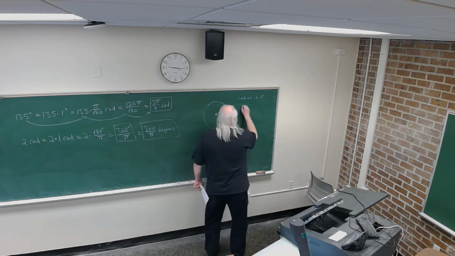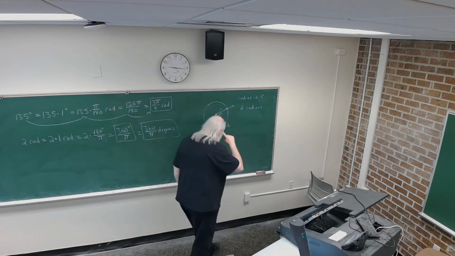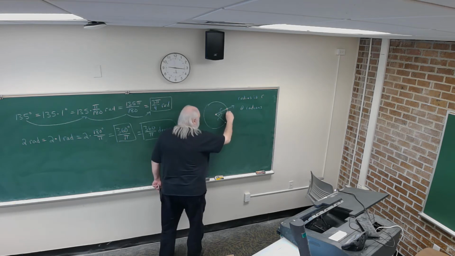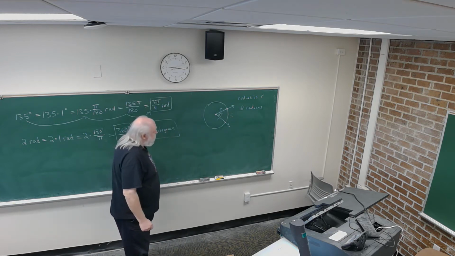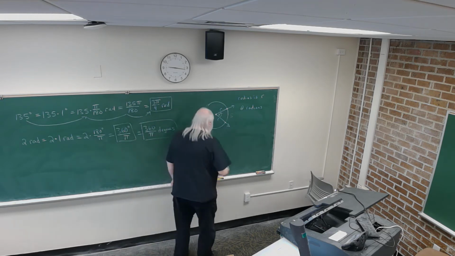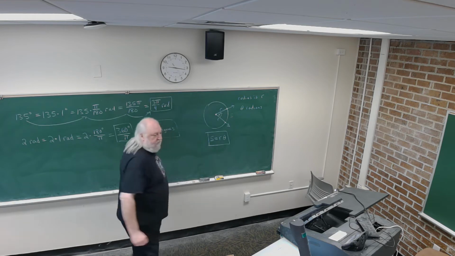Theta is in radians. We say the angle theta subtends an arc, and the length of this arc is s. The equation for finding the length of that arc s is s equals r times theta, and theta has to be in radians.